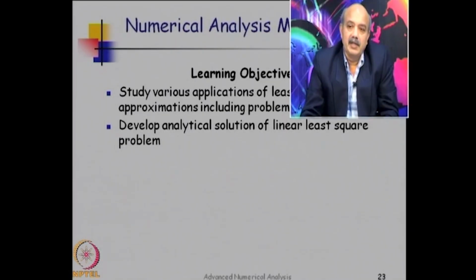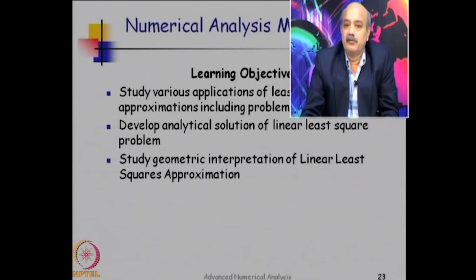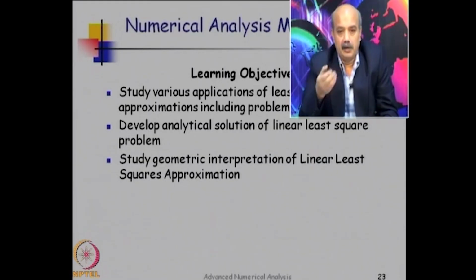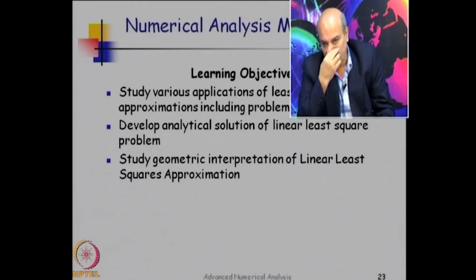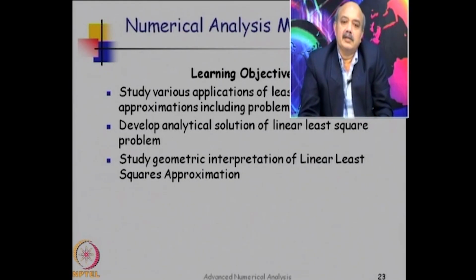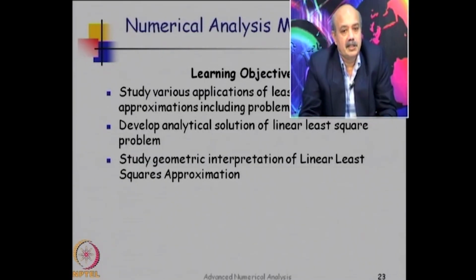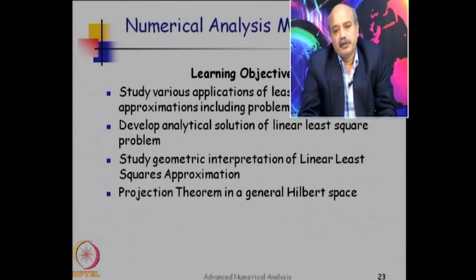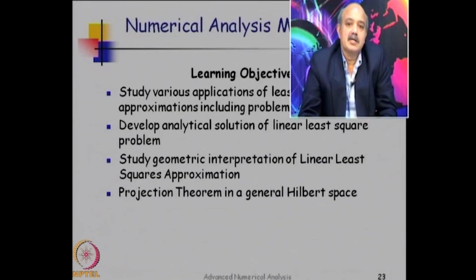Okay, look at its geometric interpretations. This will give us insight that is very valuable, that can be extended when we understand approximations in higher dimensional spaces, and then we will actually extend this idea to general spaces, general Hilbert spaces.